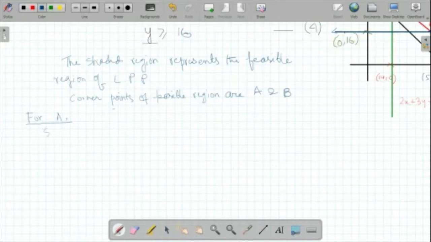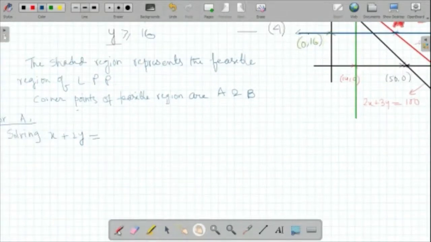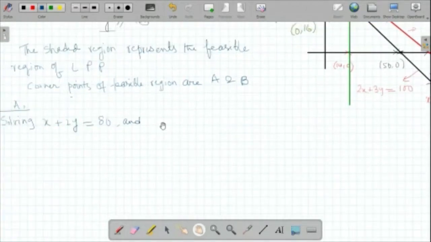For A, solving x plus 2y equals 80, and what is the other equation, the other line? y equals 16, right? So y already we know the value is 16. So put the value of y in this equation.